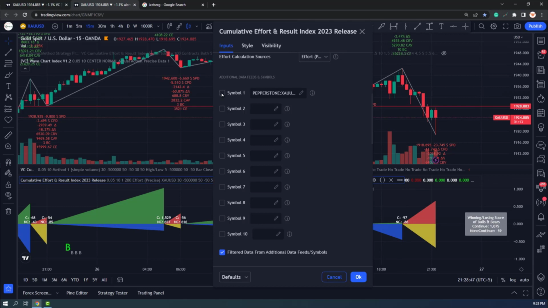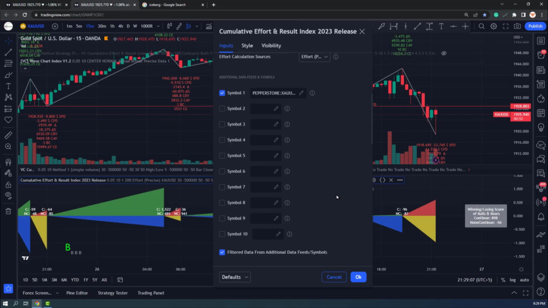I am just enabling data from one additional signal, one additional data feed, and see how it's changed. It's 87, 97, 86. Let's see how it's changed this data. 97 and 86. You see here, it's now 96, 87.